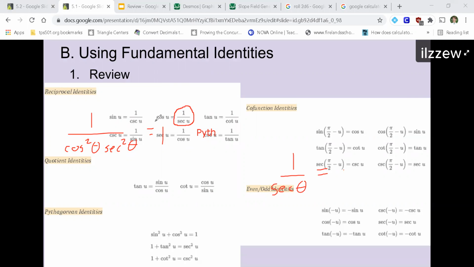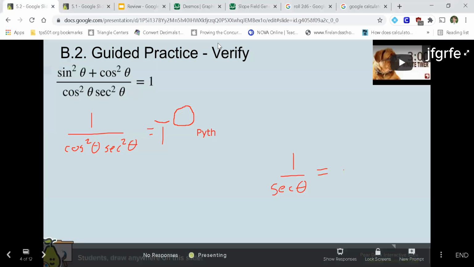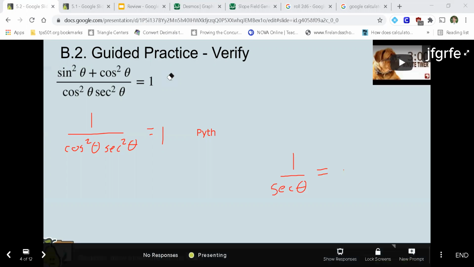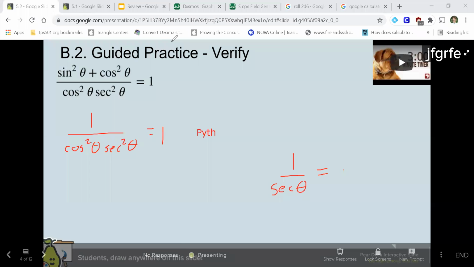It's cosine. That's your reciprocal identity. 1 over secant is cosine. So then this is cosine.